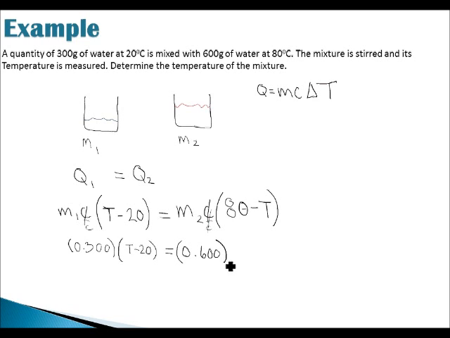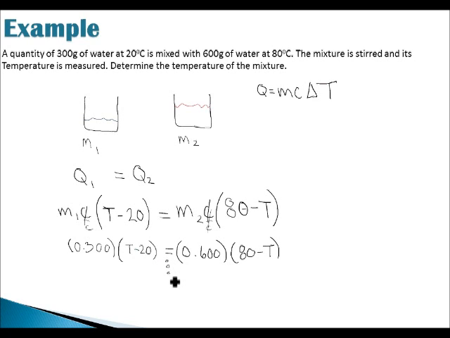Okay, so 0.600 kilograms, just substituting values in now, times 80 minus T. Now we need to isolate for T, so we distribute: 0.3 times T, 0.3 times minus 20, 0.6 times 80, 0.6 times minus T. I'm going to skip a couple of steps and go to an intermediate step.